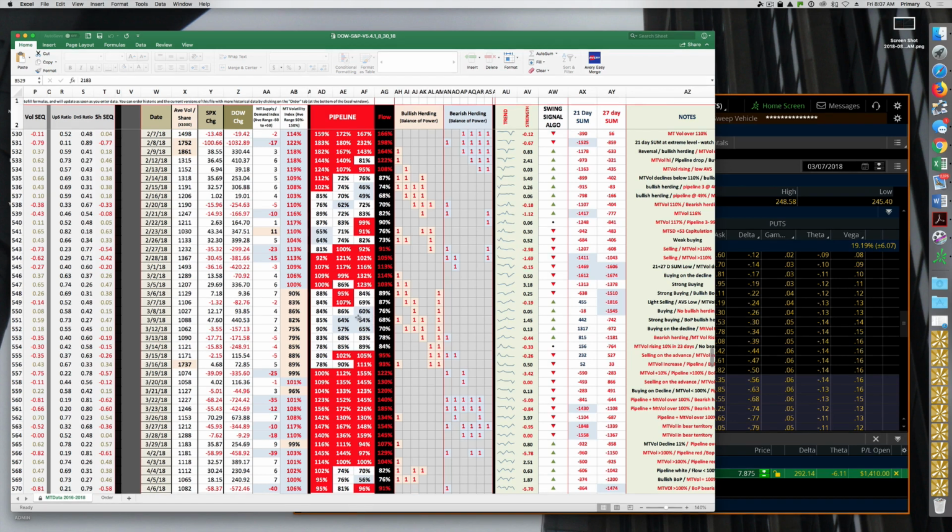However, at that point, because the third column of the pipeline is below 60, it doesn't matter too much on the upside what this is, because this can range from anywhere from 130% all the way up to 250%.